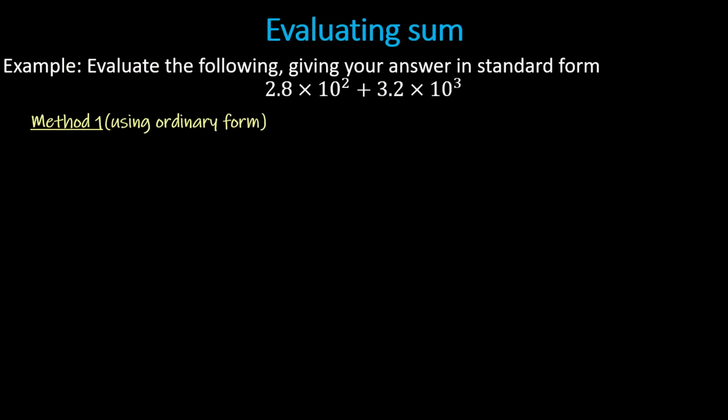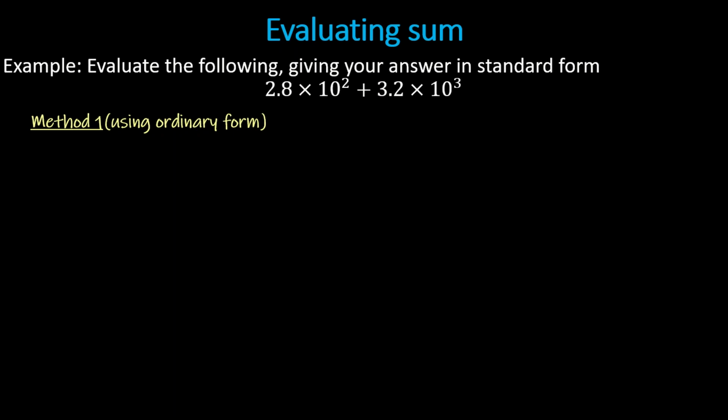Now, how do we evaluate the sum in standard form? I will explain to you two methods. The first one, it uses ordinary form, and the second one, it uses factorization, right? Both methods, it is better for you to know both methods, right?